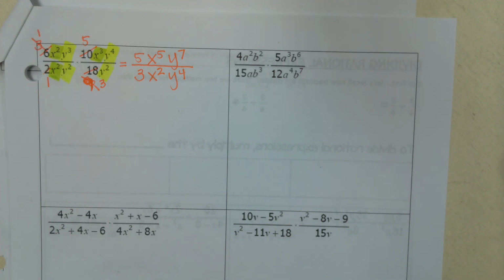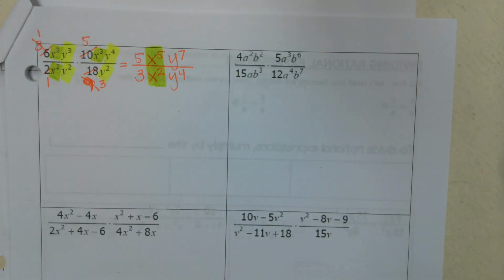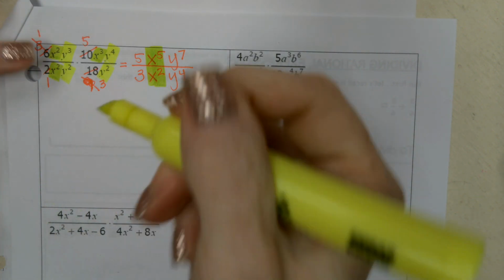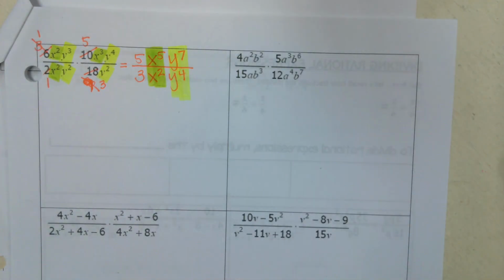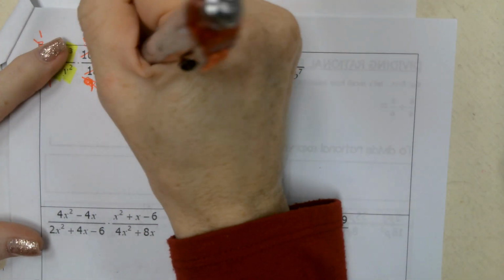Now, what I need to do, I need to simplify my x's and I need to simplify my y's. I like to think of these as a 1-for-1 cancellation. If I have 5 x's on the top and 2 on the bottom, okay, it's a 1-for-1 cancellation, so I'm left with x to the 3rd on top, okay.